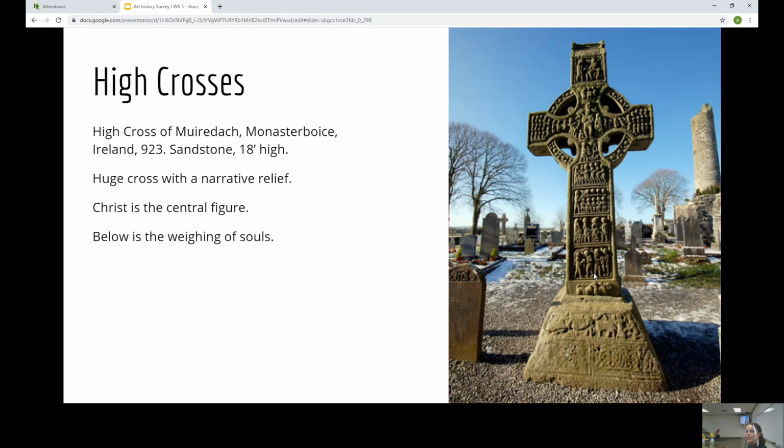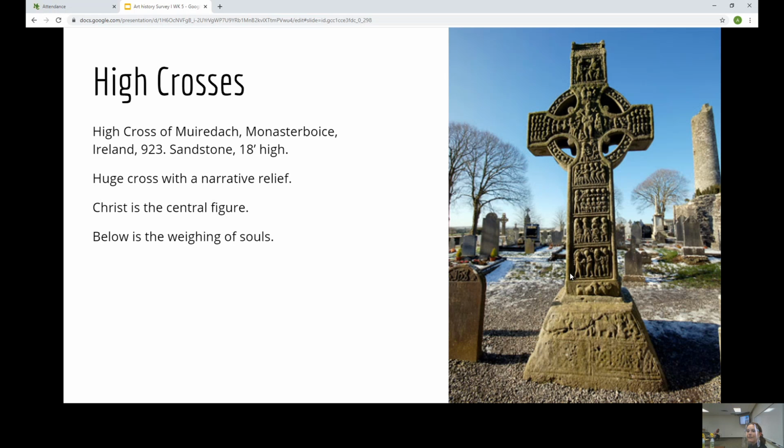Not all of these Celtic crosses or high crosses would have these register reliefs. That's kind of rare. But this one does have those reliefs. In the center is Christ. Of course, Christ is going to be the central figure in most Christian art because Christ. And he is surrounded by his mother and some of his closest apostles like John.